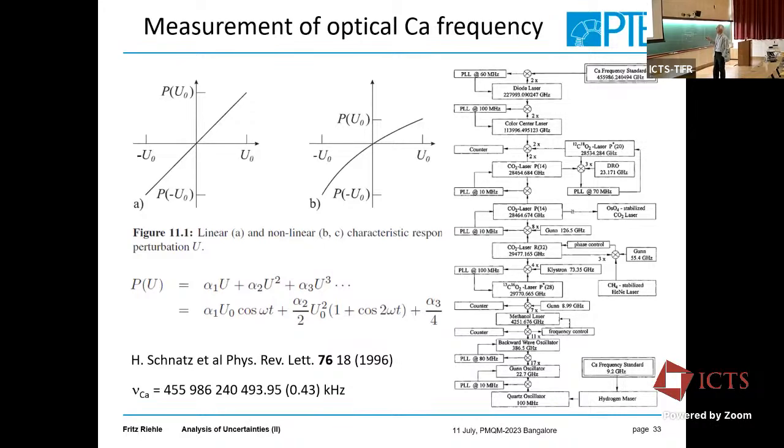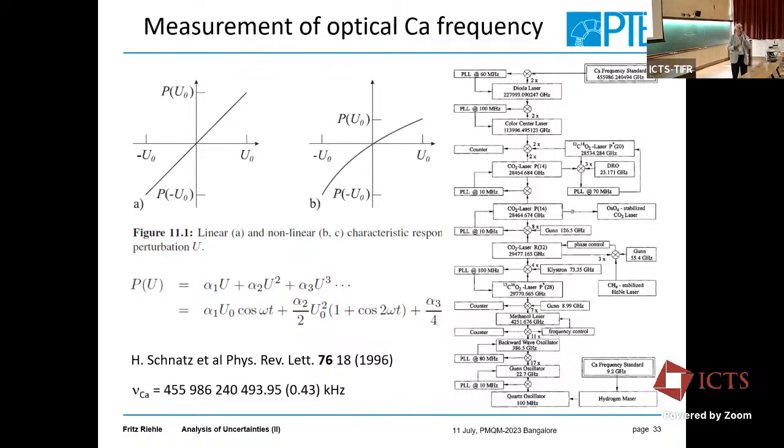And we did this all the way down to a quartz oscillator at 22.7 gigahertz. Below in the chain, which I always called the DC part of the chain, we had high multiplication factors. But we put it all together in the night and measured the frequency of calcium several times.